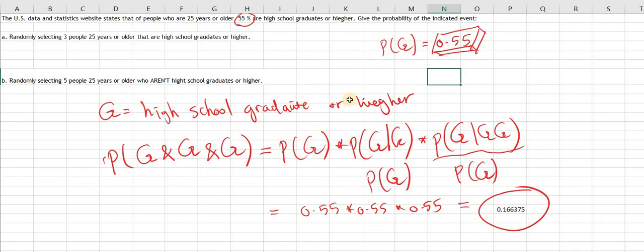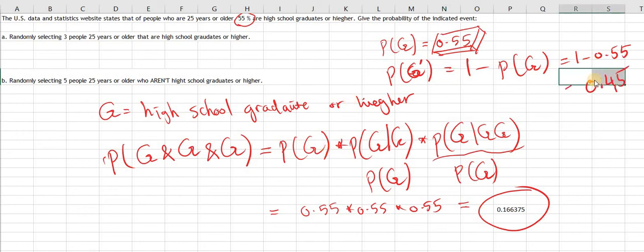And we know that the probability of the complement of the event is 1 minus the probability of the event. So in this case, this is equal to 1 minus 0.55, which is equal to 0.45. So that is the probability of selecting a person who is not a high school graduate or higher, which is the complement of selecting a person who is a high school graduate or higher.